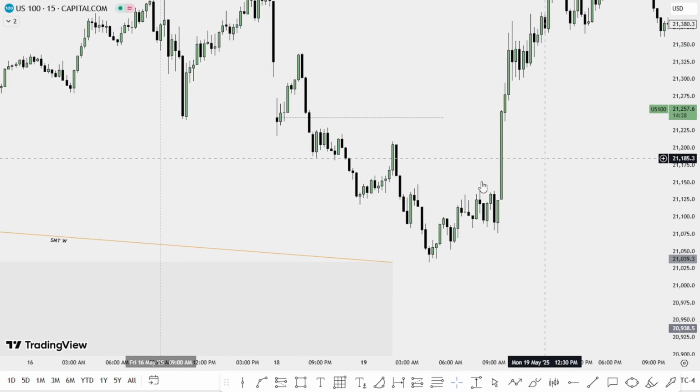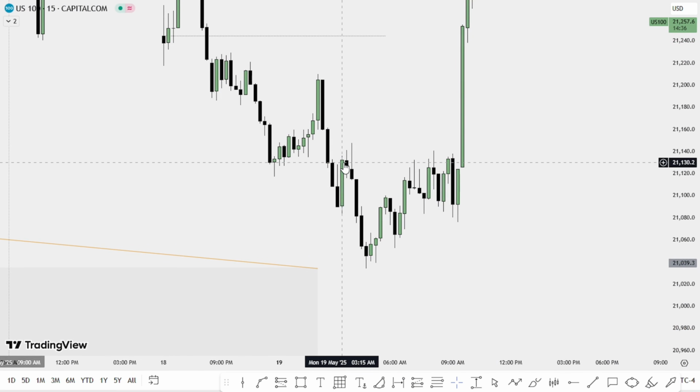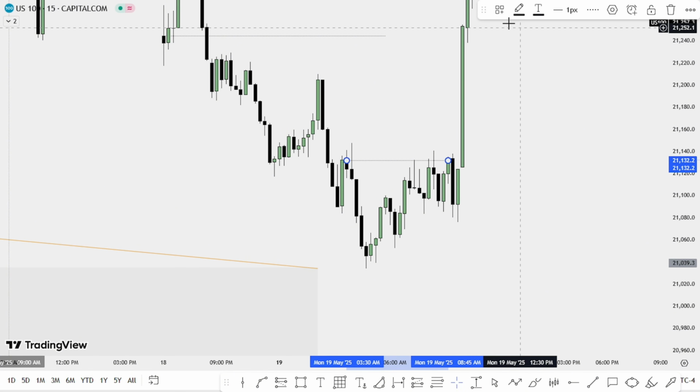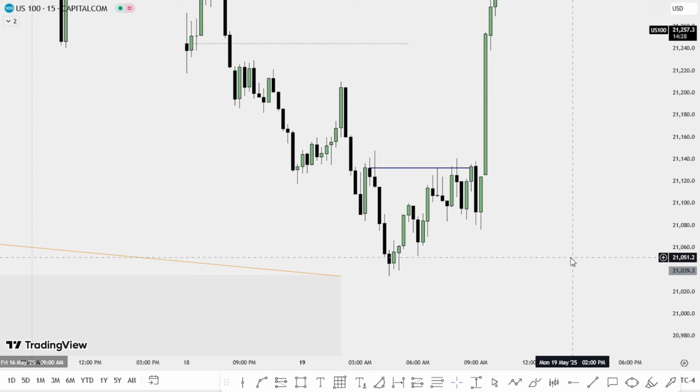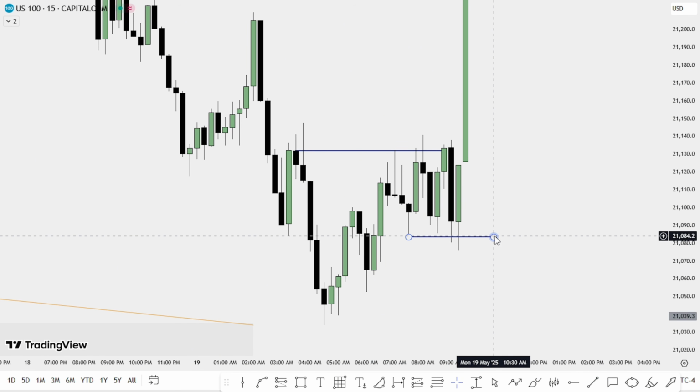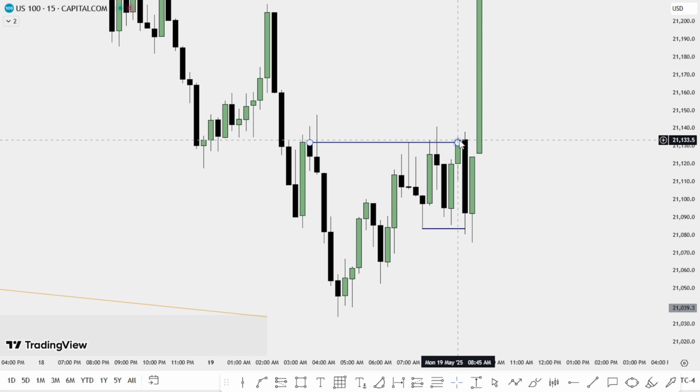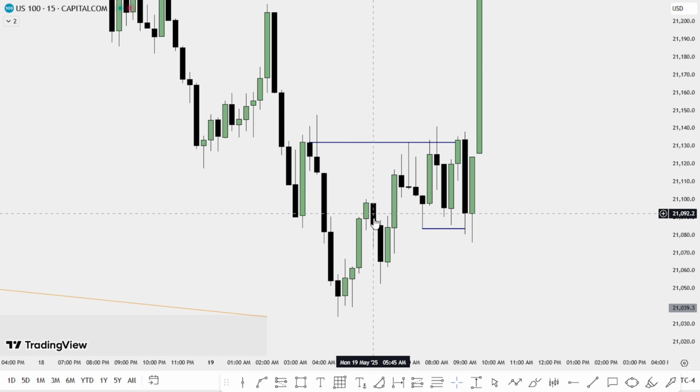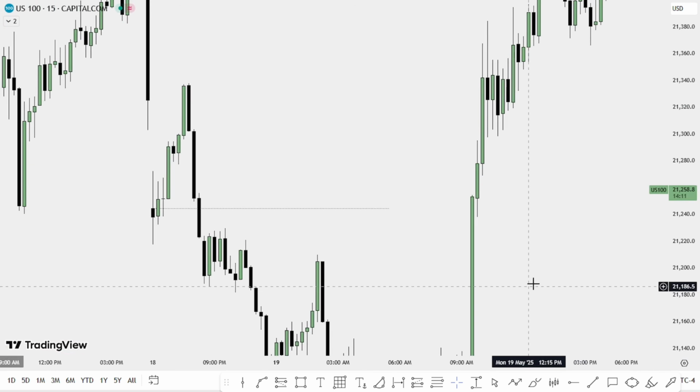After the SMT, this leg, which is in the last bearish dealing range, gave a change in the state of delivery. Then 9:30 just kicked in here. Before 9:30, we had a manipulation at these lows after the change in the state of delivery, and it dipped into the up-down close candle, and then 9:30 just expanded.